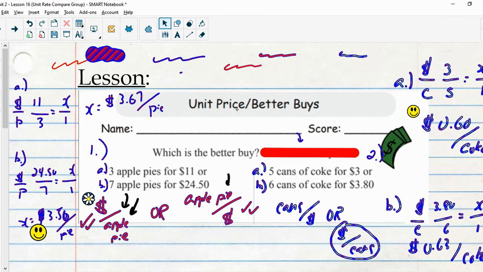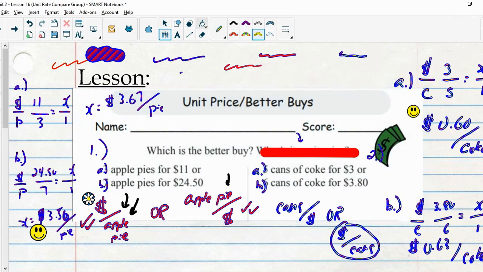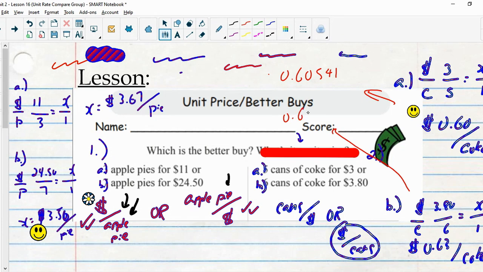By the way, as you do these with a calculator, sometimes you will realize that because the prices are so close between the two of them, I'll give you an example. Let's say the first example was actually something like 0.60541, and then the second example is like 0.60523, something like that.